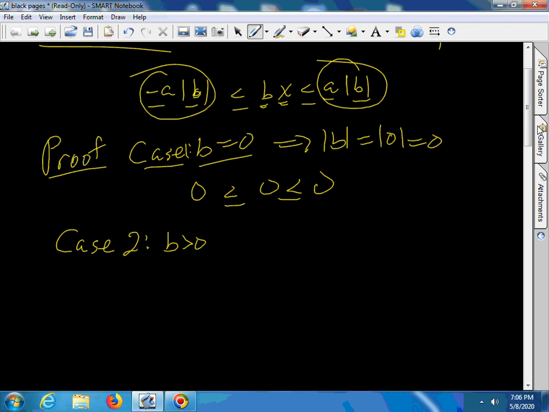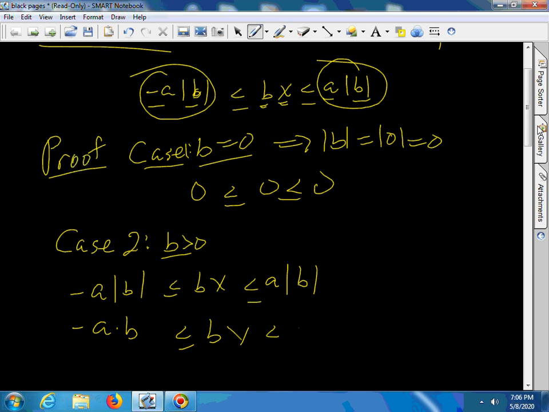This is the easier case because, what does this become? Well, if b is positive, then this is a times b, and this is a times b.